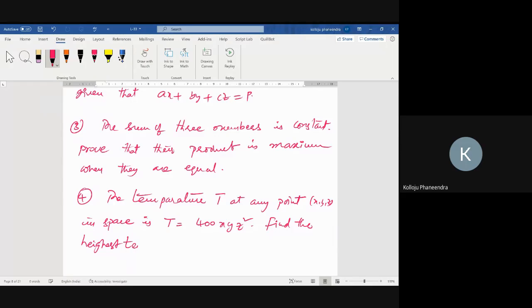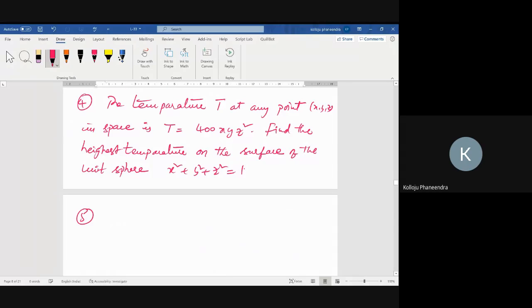Find the highest temperature on the surface of the unit sphere x square plus y square plus z square equal to 1.